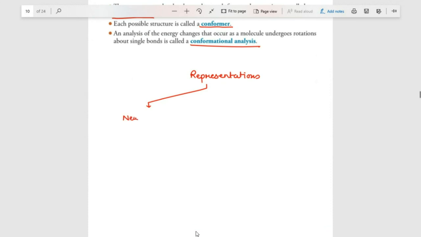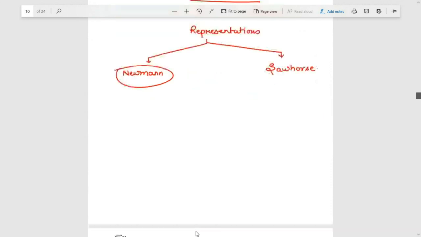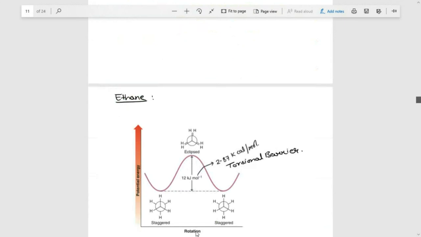First is Newman, second is sawhorse. These two are commonly used. Yes, you can use wedge-dash also, that is okay. But the primary two are important. And in JEE, I have seen that they are using Newman relatively slightly more. You can use sawhorse, no issues.